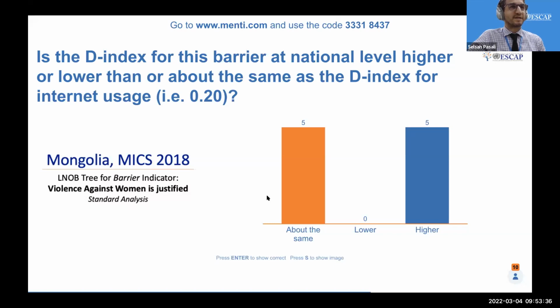So the index is expected at least as high. Maybe I'll also check myself if there are any responses there. Okay, one response came for the lower.